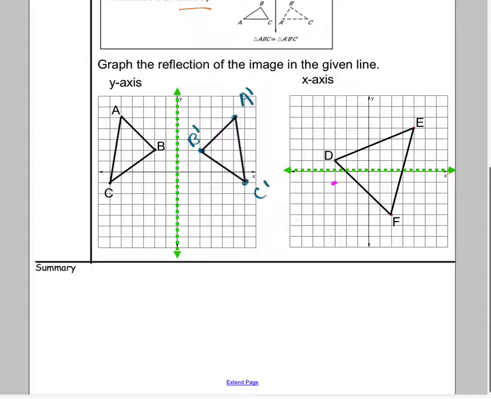So D was one above, D prime will be one below. E is 1, 2, 3, 4 above, so it'll be 1, 2, 3, 4 below it for E prime. And then F is 1, 2, 3, 4 below it, so 1, 2, 3, 4 above it for the new one.